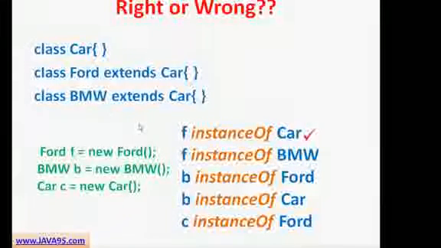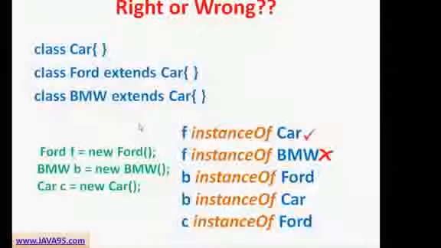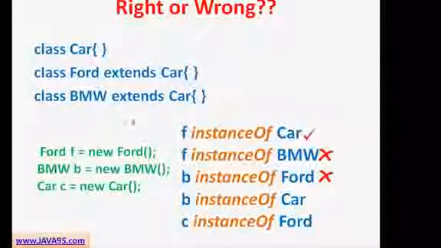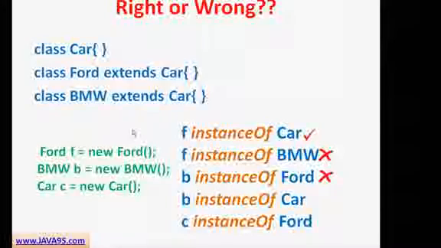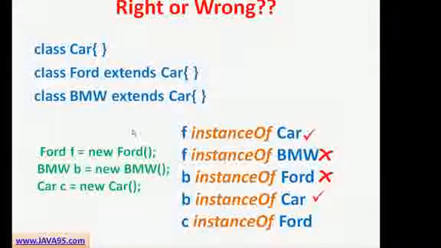Obviously Ford is not an instance of BMW. So b instanceof Ford, no. BMW and Ford have no relationship. Obviously this statement will also return false. b instanceof Car, yes, because BMW extends Car, BMW is a Car.